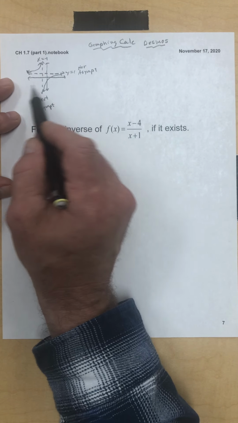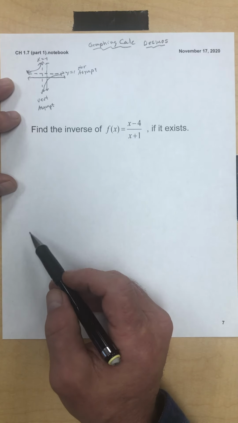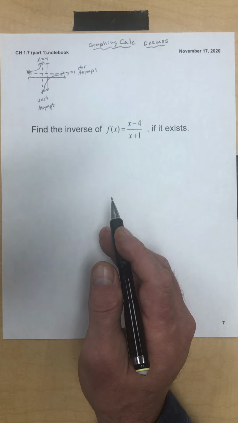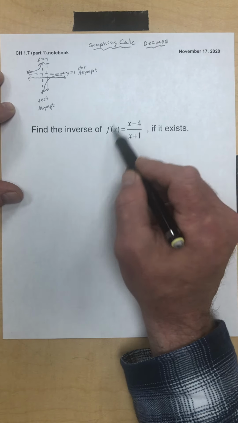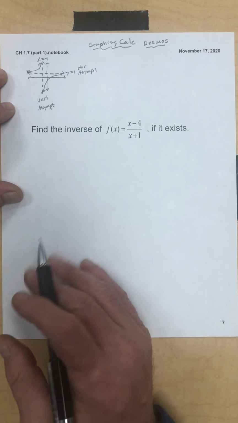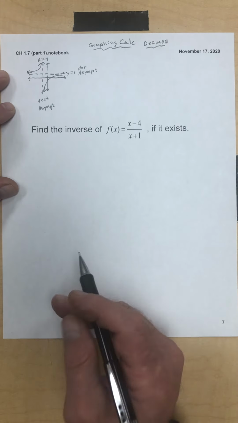Well, it certainly looks like it does, because it looks like all horizontal lines will only intersect it once, so it might work out, it might not. I just know once you start getting into these rational functions, we've got some issues with getting the domains and ranges to work out, so we'll talk about it.